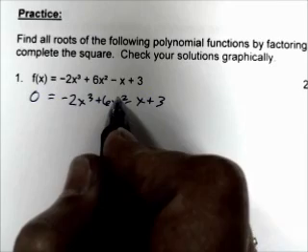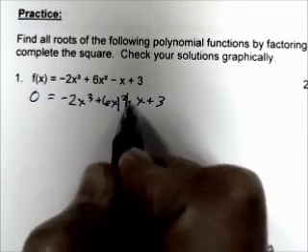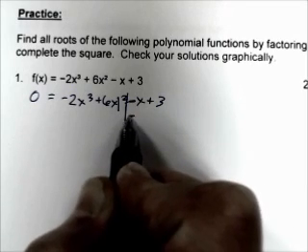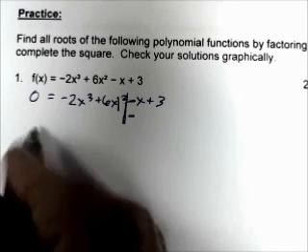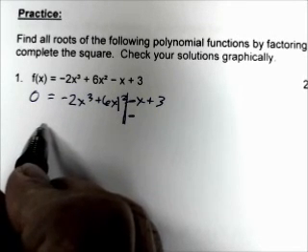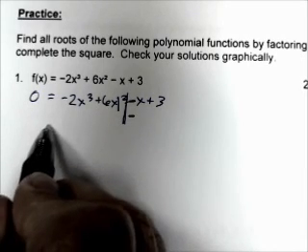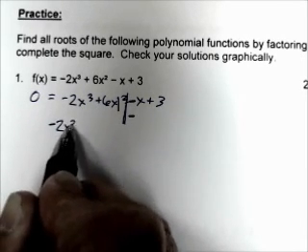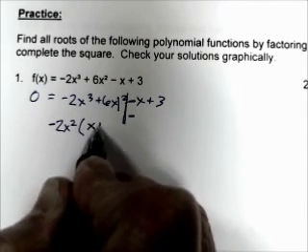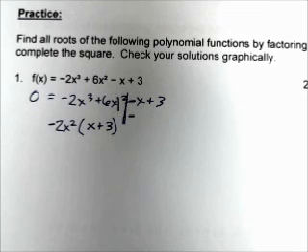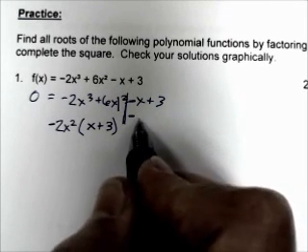We're grouping. Let's draw the line after 6x squared, and copy down the subtraction. What's common here? Well, I could take out 2, or I could take out negative 2. Suppose I take out negative 2x squared. And then in parentheses, I'll have x plus 3. And here, what's common is 1.